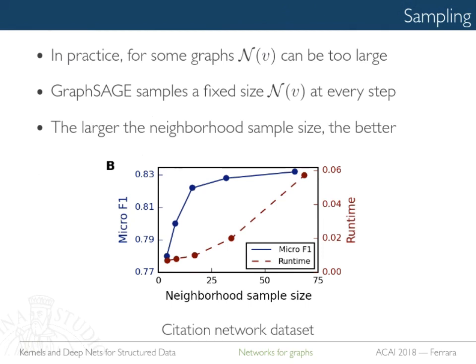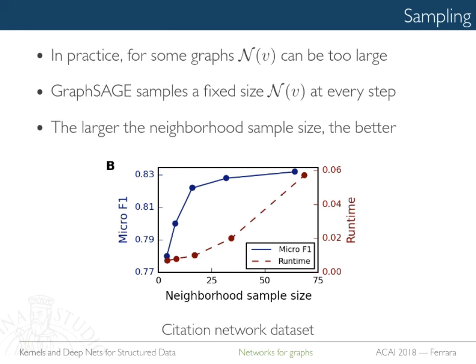It means that when I have 1,000 citations, I take a sample of these 1,000 citations of size 25. And that's on a particular mini batch. On another mini batch during gradient descent, I sample another subset. Okay, so it's a randomized algorithm to some extent. It samples the neighbors all the time. And of course, the higher the neighbor size, the better the performance.